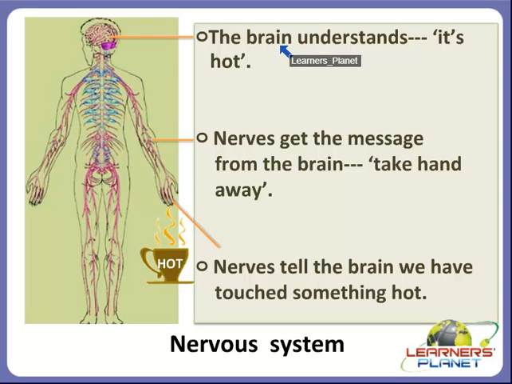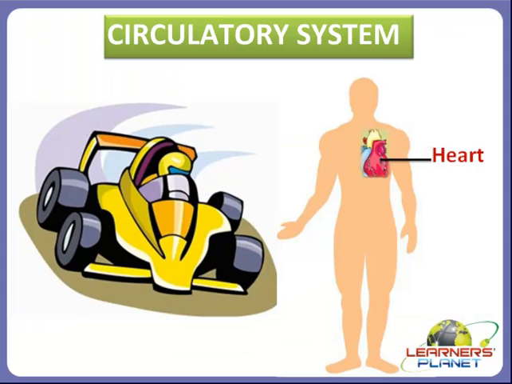So this way our brain understands and works when we touch something hot or cold or anything that our skin senses. Okay children, are you all clear with this? So let's revise. What does the nervous system consist of? The nervous system consists of the brain, the spinal cord and the nerves.